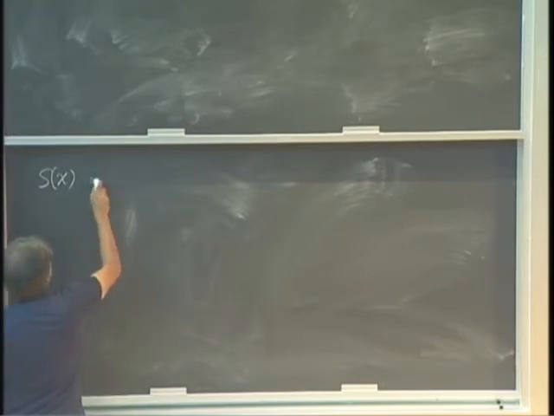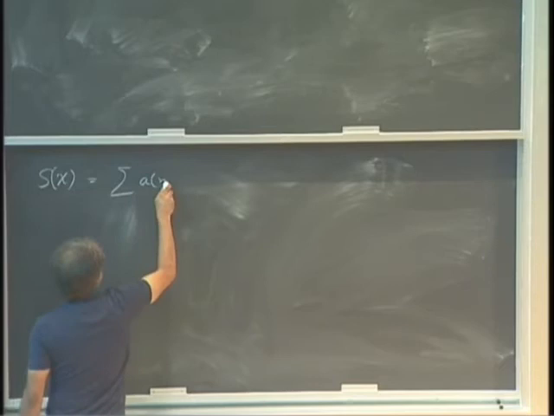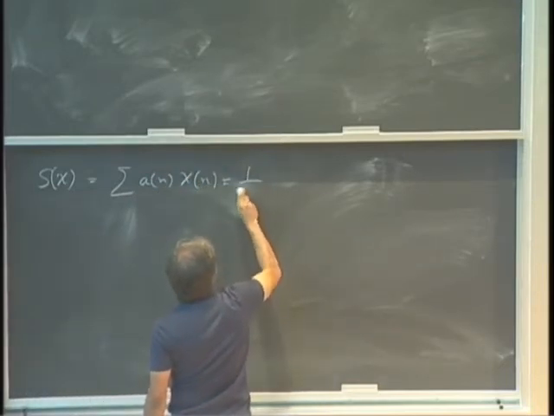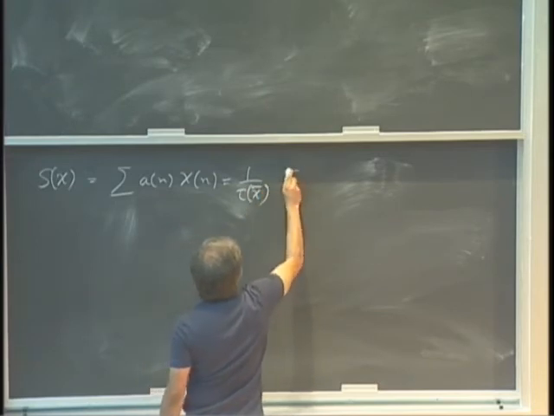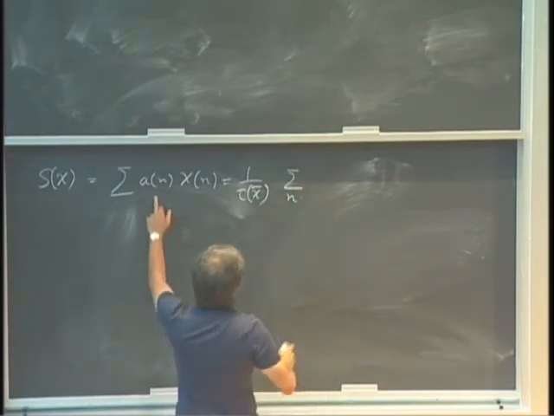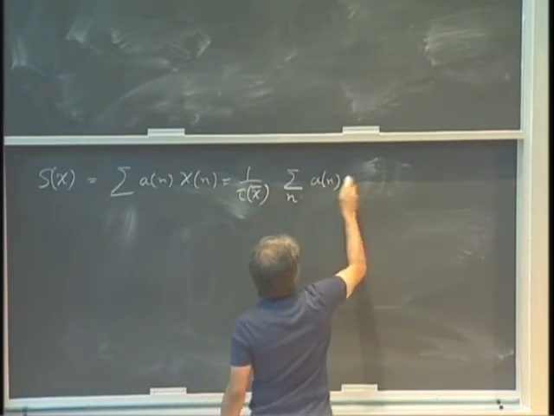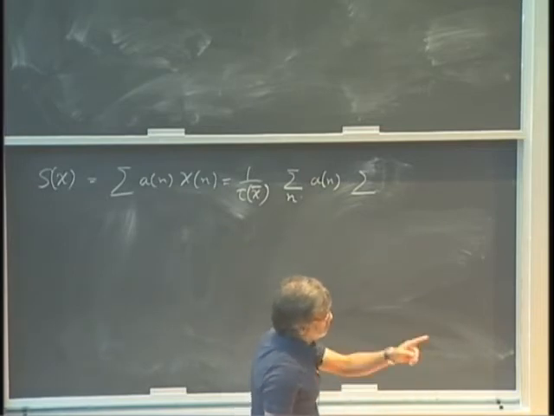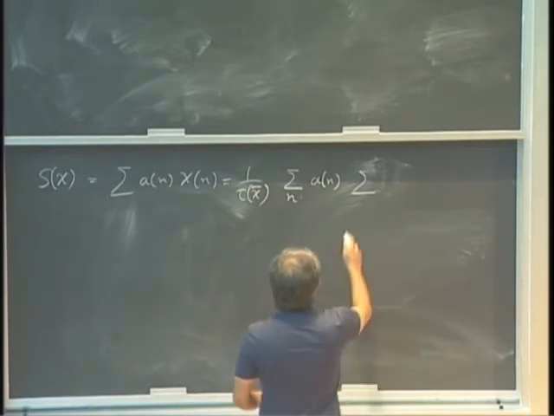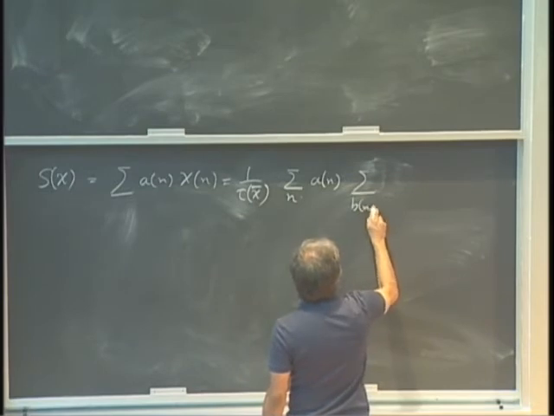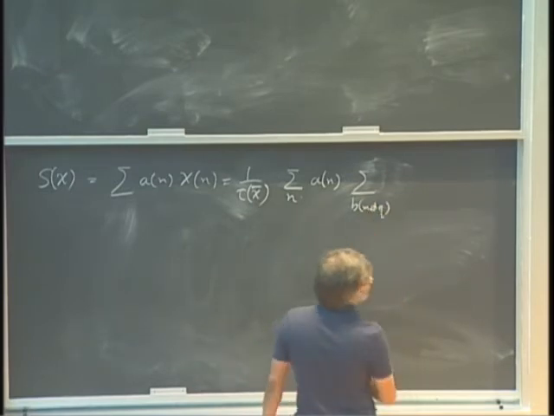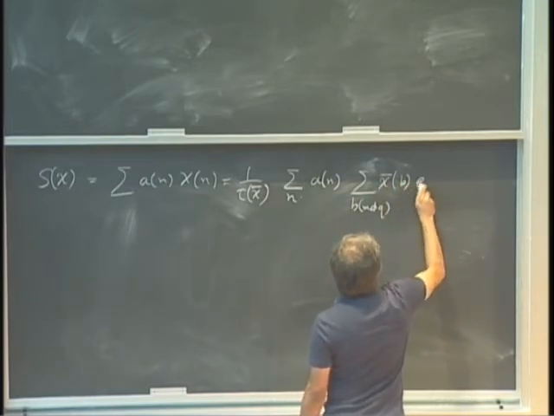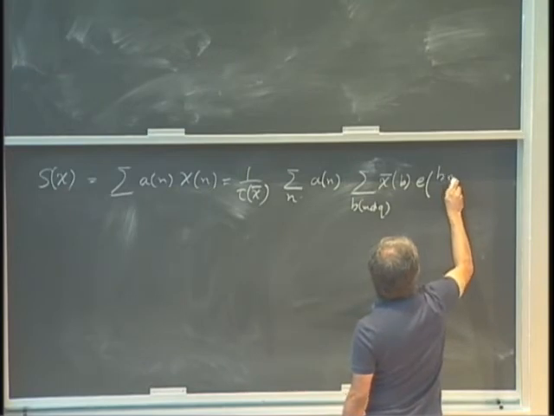So this is the sum of a_n chi n, which by our relation is 1 over tau chi bar, sum of a_n, and then a sum over, maybe I shouldn't have used a, so let's say sum over b mod q chi bar of b e of bn over q.